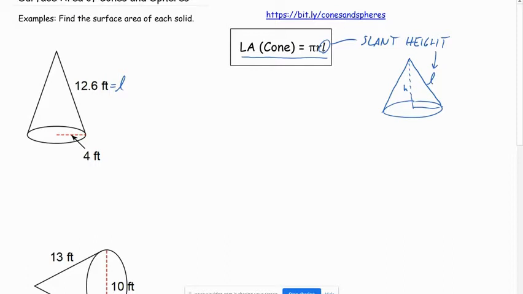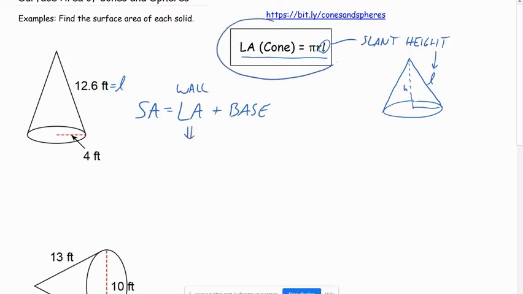To find the surface area of this cone, we need the area of the walls. That's the lateral area. There's only really one wall that wraps around, plus there's only one base for this figure. So it's the lateral area plus the base. To get the lateral area, we're going to use the formula up here.